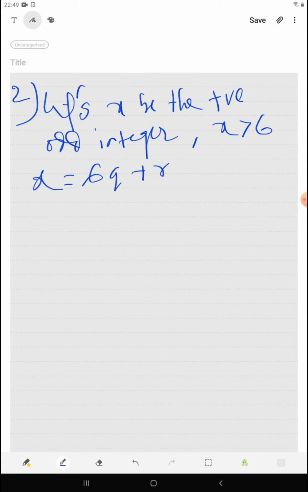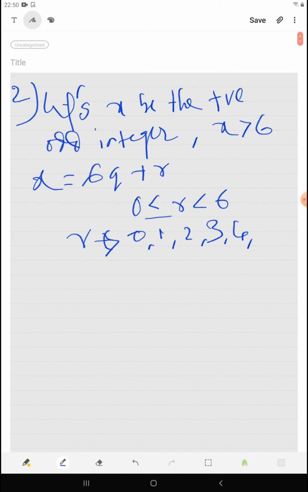Correct? Where 0 is less than or equal to r is less than 6. So r can have a value of 0, 1, 2, 3, 4 and 5. It cannot be 6 or more than 6.